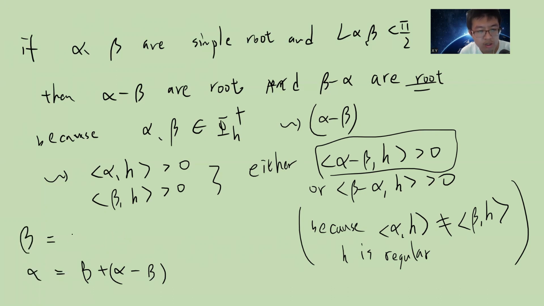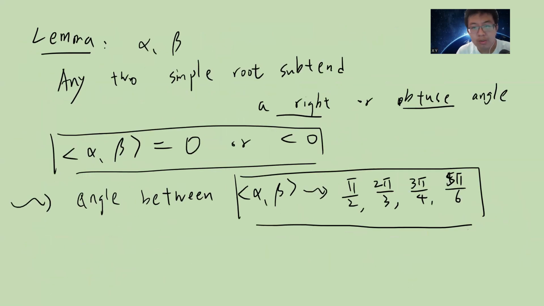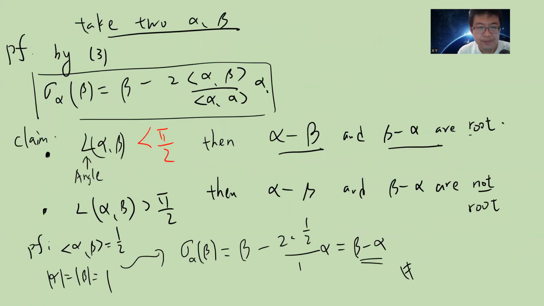For example, if alpha minus beta is positive, then alpha equals beta plus a positive root, so the simple root becomes a sum of two positive roots, which is a contradiction. Okay, so this proves the lemma. Any two simple roots must subtend right or obtuse angles. This is very important. This is our powerful tool.